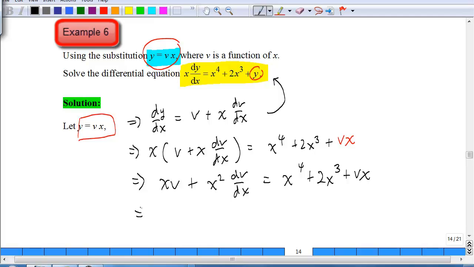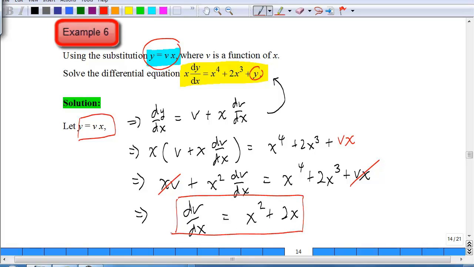Simplify further, you will get dv/dx equals x squared plus 2x, because you can see that this xv and this xv can be cancelled off, and then you divide throughout by x squared to reach this stage.